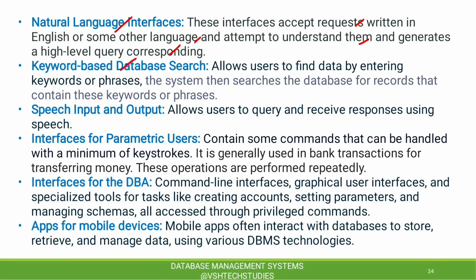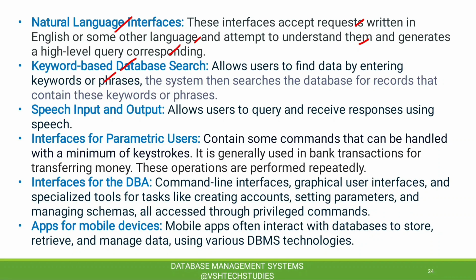Next, keyword based database search. This allows users to find data by entering keywords or phrases. Like in Google, we enter a keyword or any word, and depending on that, it will display the web pages. That kind of interface is called keyword based database search.